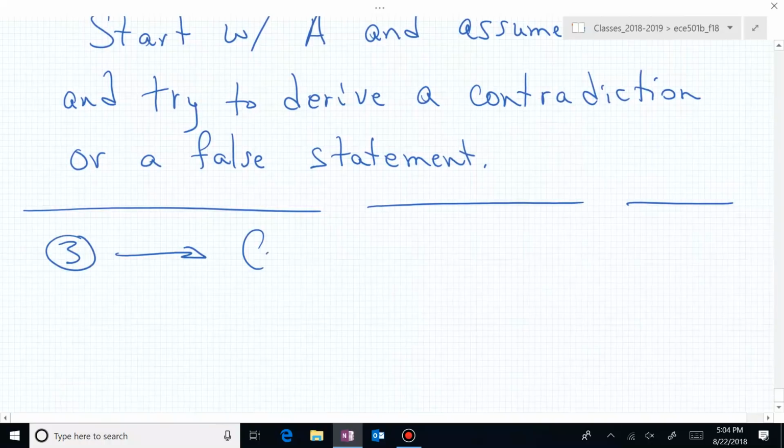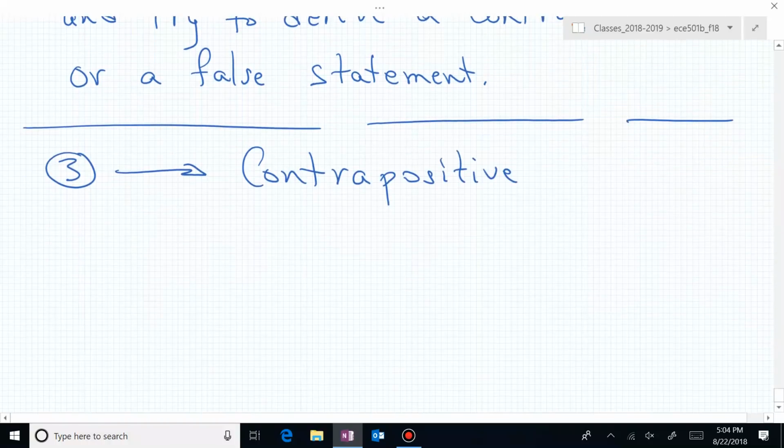Another, third way is what's called the contrapositive strategy, which you may actually want to try before you use the contradiction. Usually you start with the direct approach. I'm not getting anywhere. We'll try the contrapositive next, then the contradiction. So maybe I should have reordered these.